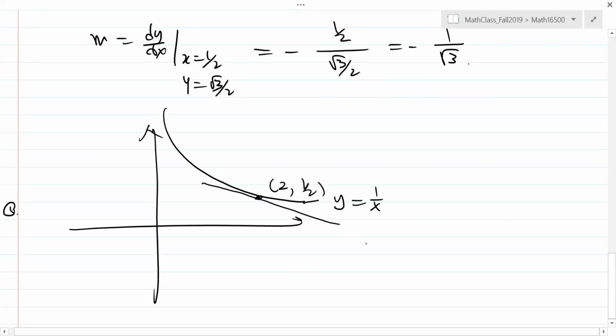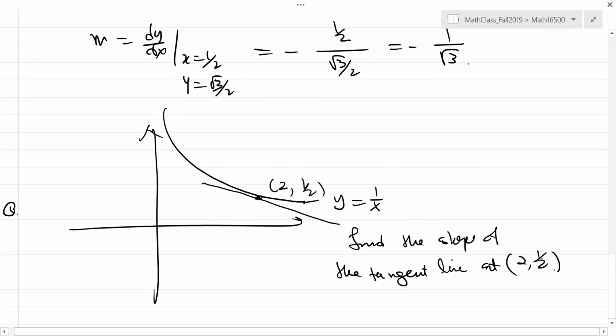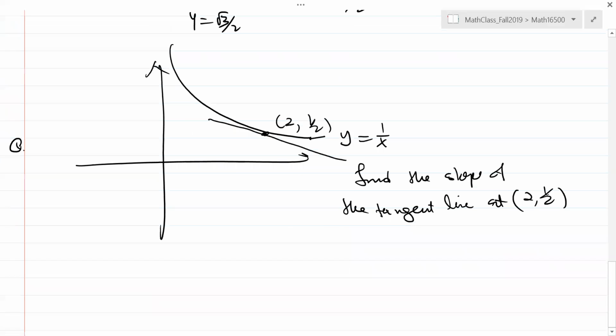Find the slope of the tangent line. Okay, this should be negative. Okay, how do I do that? How can I do that?